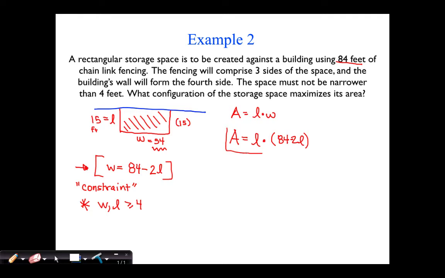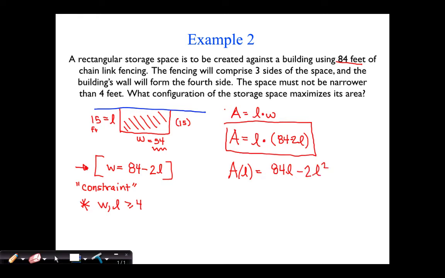Now, it's not written as a function, but unlike the original formula for area equals length times width, this one I could say describes area as a function of side length, this L here. So this is a function whose dependent quantity, I'll just write it fancier, A of L is equal to, maybe I'll even multiply this out because it's easy enough, 84L minus 2L squared.